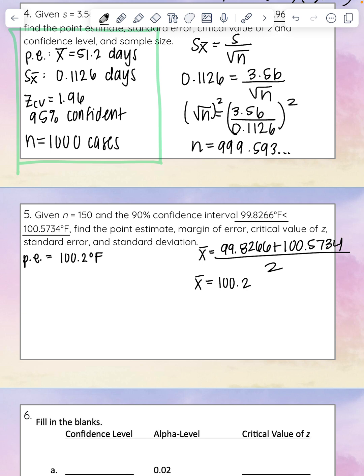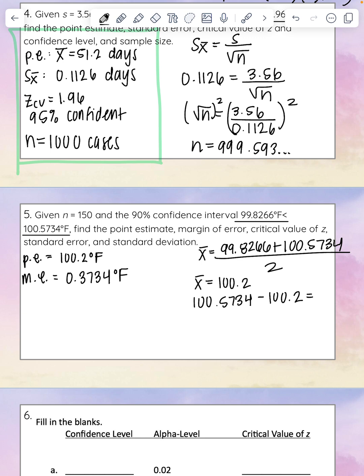Margin of error, again, accounts for the width of your interval. So to see how wide this is, take the upper bound, 100.5734, minus what would be in the middle, X bar. And I got 0.3734 degrees Fahrenheit.